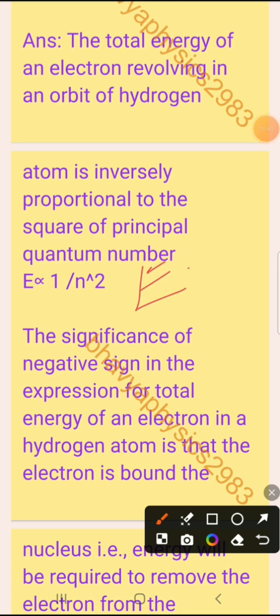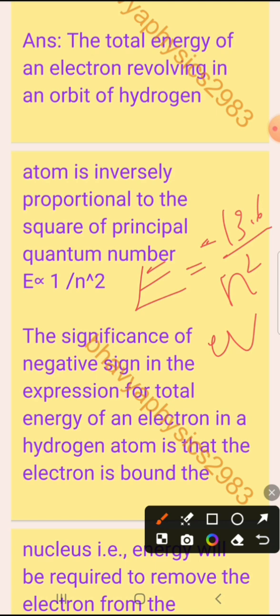E is equal to minus 13.6 divided by n square in electron volt. Therefore, total energy of electron is inversely proportional to the square of the principal quantum number.